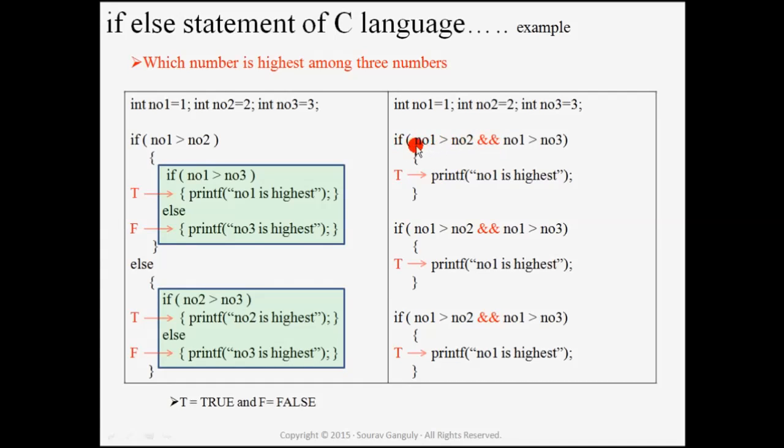That means if number 1 greater than number 2 and number 1 greater than number 3, both sections must return the value true. If this section is true and this section is true, then you will get this output that number 1 is the highest number. Now check this.